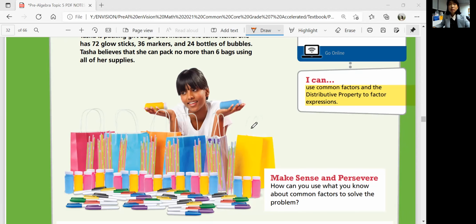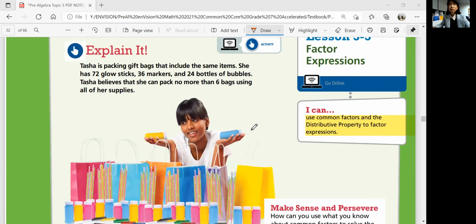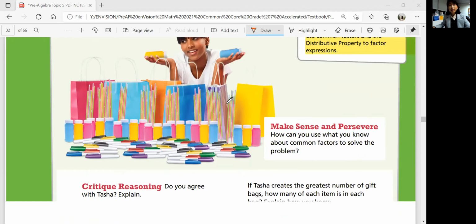So what's the problem here? She's packing gift bags and she has limited items, right? She can pack no more than 6 bags using all of her supplies. Is that true? We have to compare the numbers using the factors, okay?